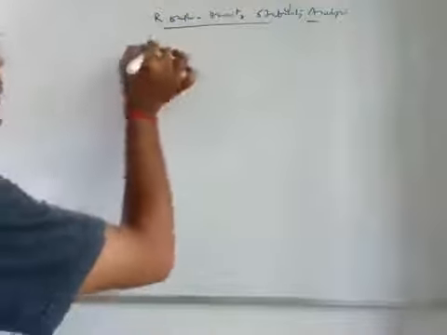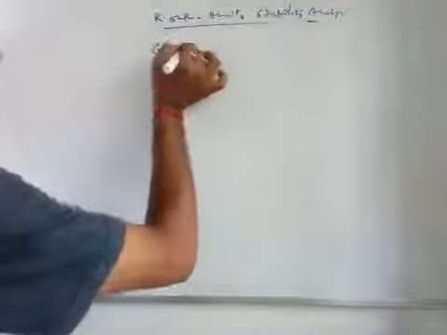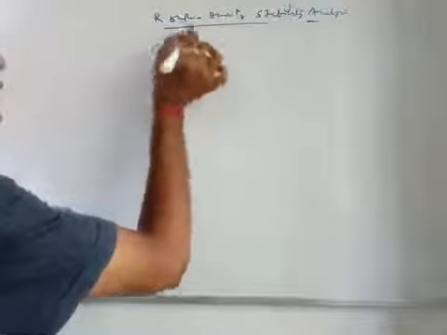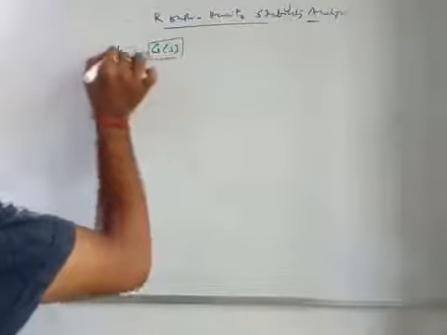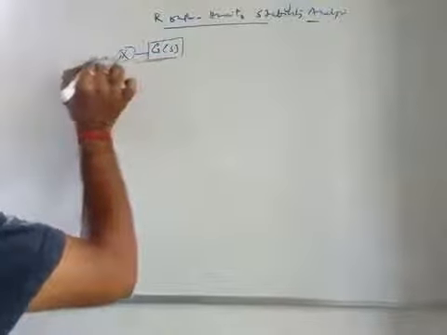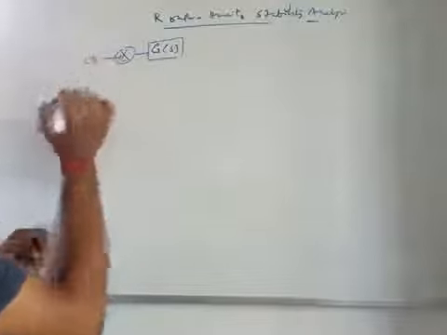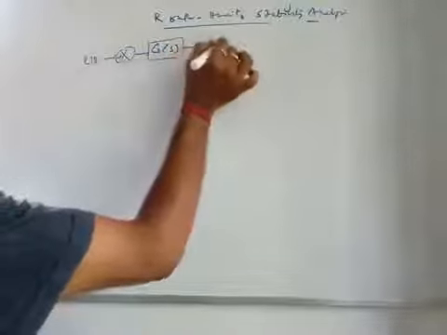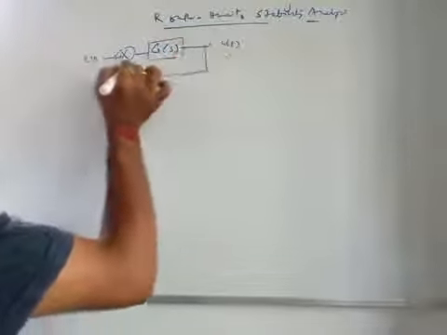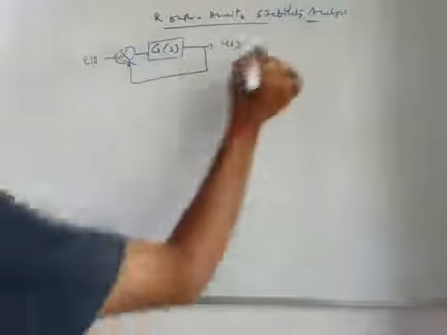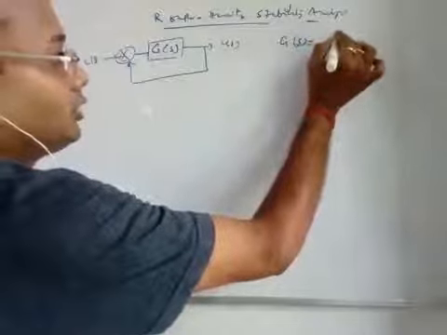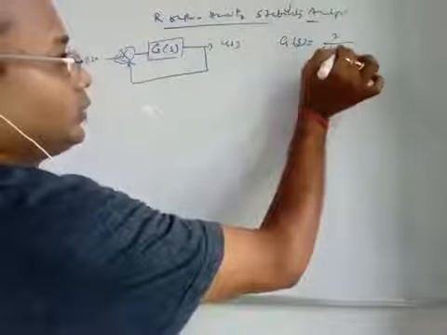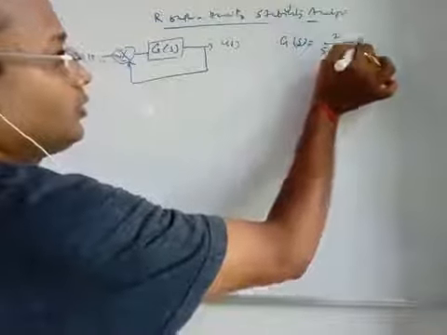For example, G(s) is given, the system is given like this. This is your R(s), this is your C(s), and a unity feedback control system is there. And for example, G(s) is given as 2 by s into (s plus 4).